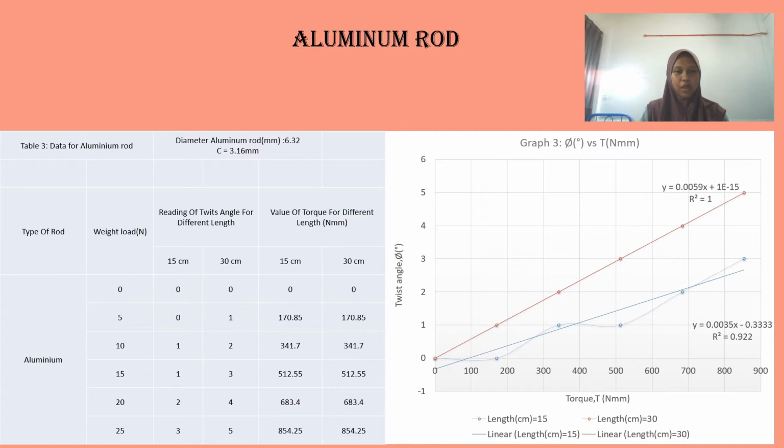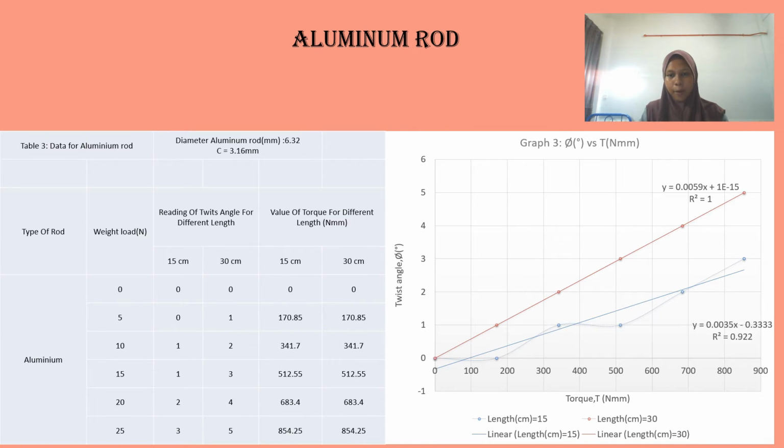From that we read the twist angle for all the loads and for the different lengths, 50 centimeter and 30 centimeter. For this aluminium, we calculate the value of torque for the different lengths, and after that we do the graph, which is the same, twist angle against the torque.